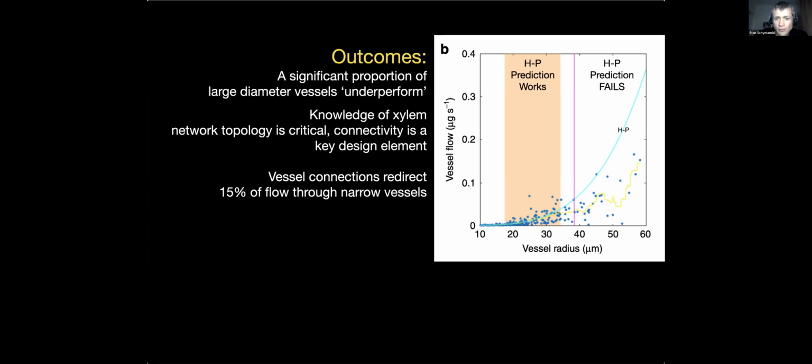I was just wondering, with your imagery and your estimation of the flow resistance, it's a coupled question. Can you also estimate the resistance contributed by the pits at the vessel ends? And connected to this, did you actually test that your estimation of the resistance in each vessel is correct?